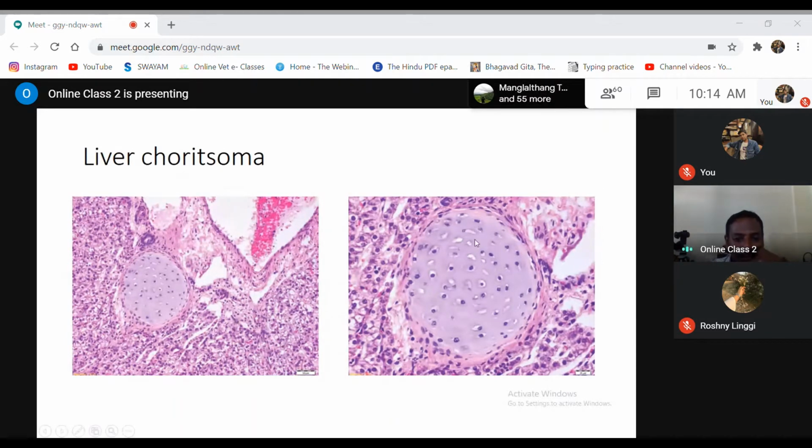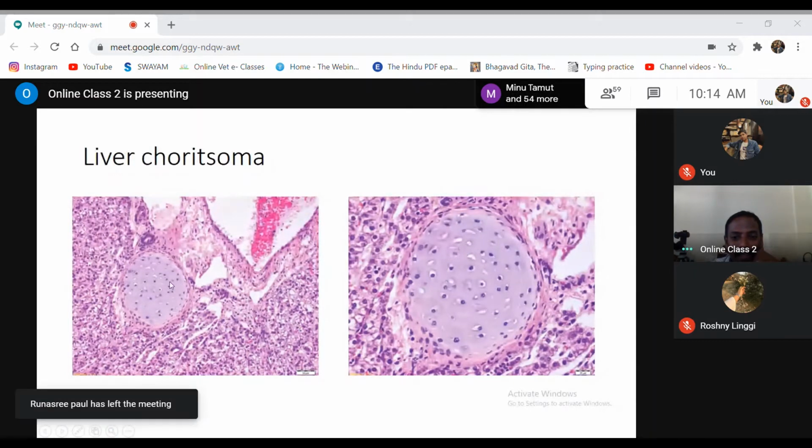Can anyone say that? Can anyone identify the abnormal picture? What is the structure here? Where I am moving the cursor, what is the structure?